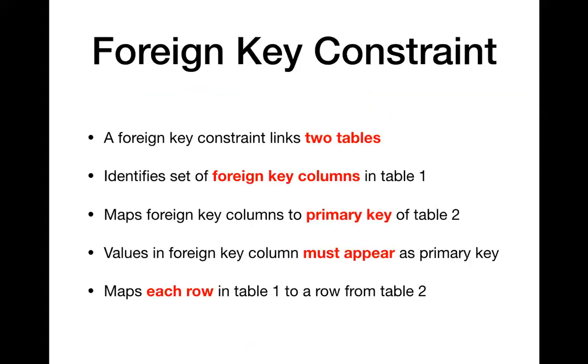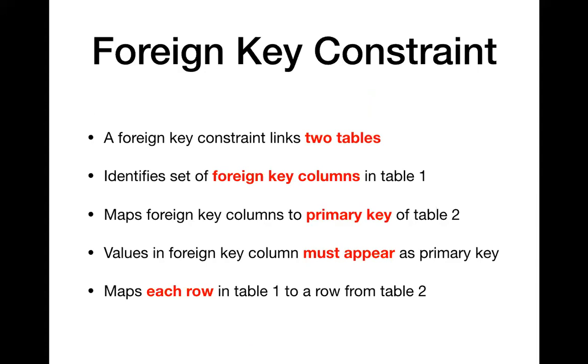Now, a different type of constraint is the foreign key constraint. This one links together two tables, and in one of those tables, it identifies a set of foreign key columns. And then it links those foreign key columns to the primary key columns in another table.